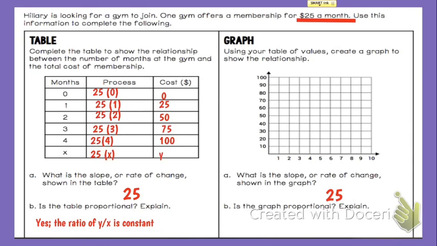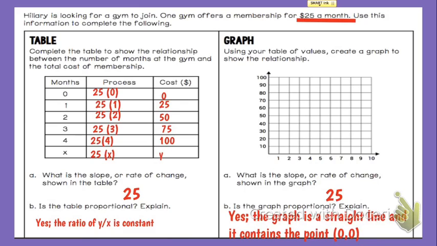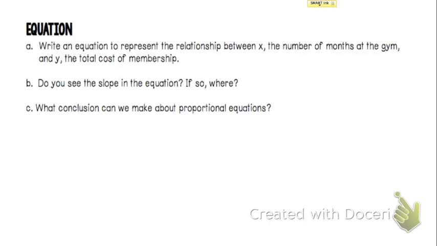And is the graph proportional? Yes, the graph is a straight line and it contains the point (0, 0), just like we said on the previous page. On a graph, you'll have a straight line and it will go through the point (0, 0). Okay.